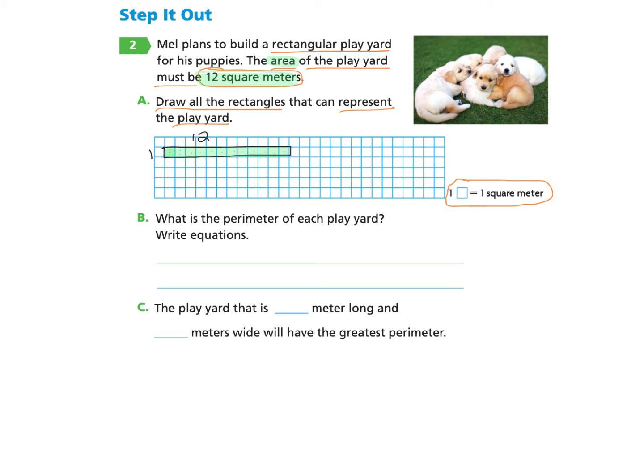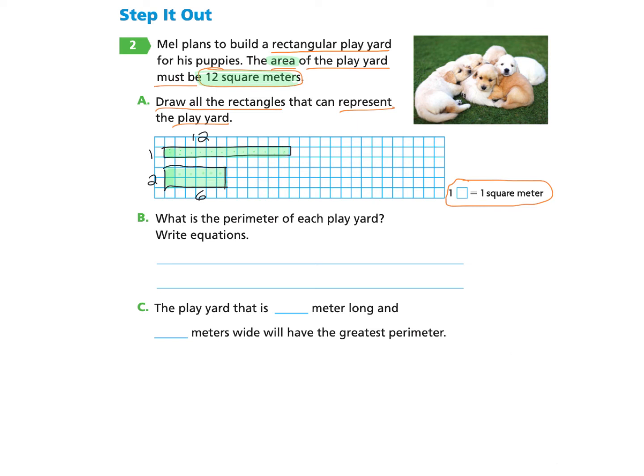Okay, now I'm going to do the same thing that I did before, and I'm now going to look at creating a rectangle that has 2, and I'm going to count by 2s until I get to 12. So I know that's 2, 4, 6, 8, 10, 12. And I will create a rectangle that has 2 meters up and down and 6 meters across.